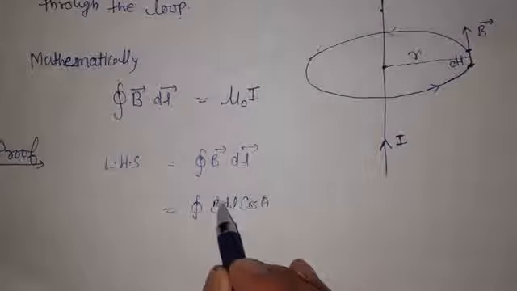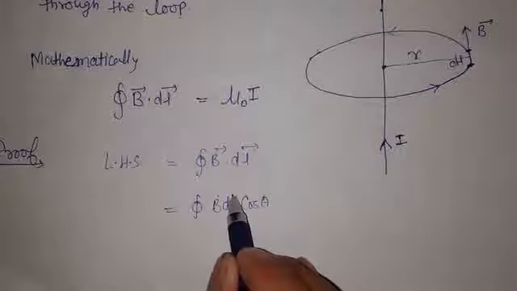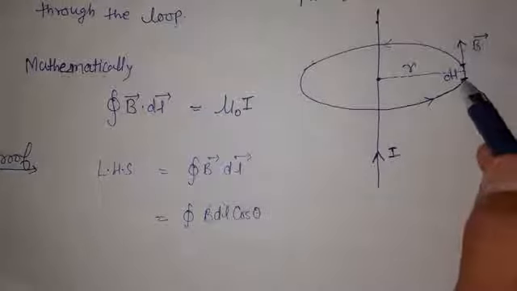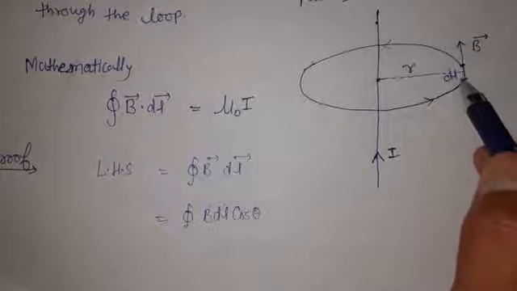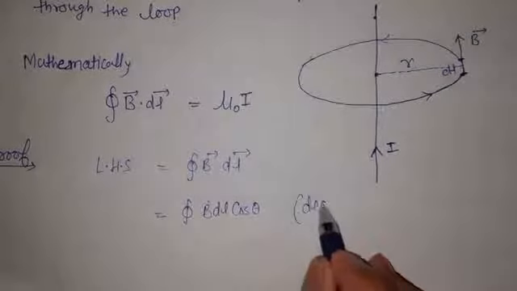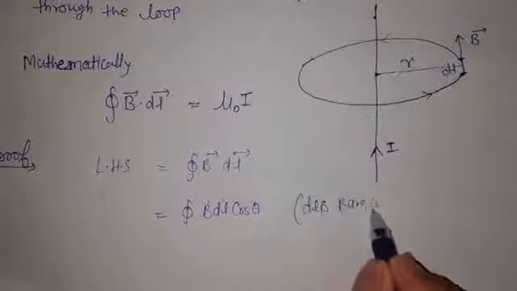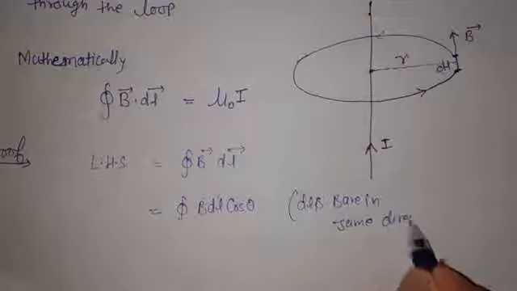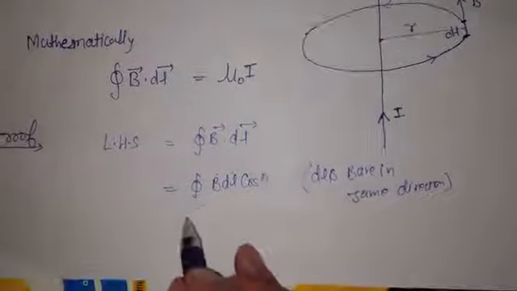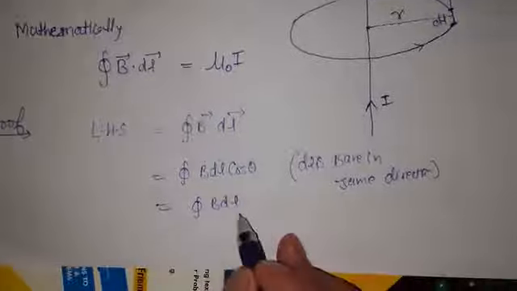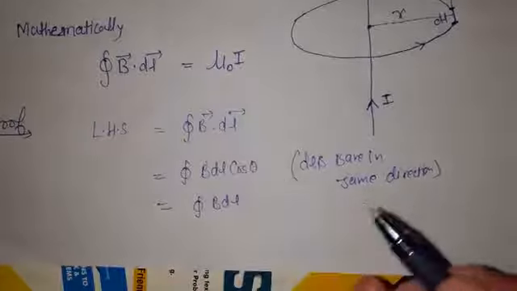This angle is the angle between the magnetic field and the elemental length. We are saying that this magnetic field is tangent to the elemental length, so both are in the same direction. So here dl and B are in the same direction, thus the angle is 0 degree. Since cos 0 is 1, we get B dl.